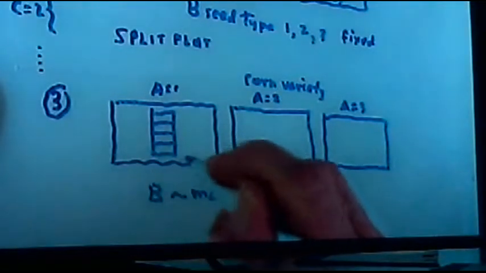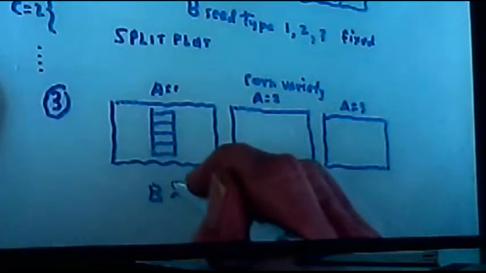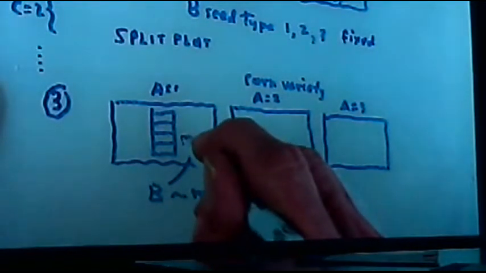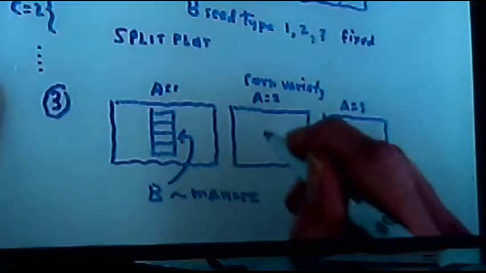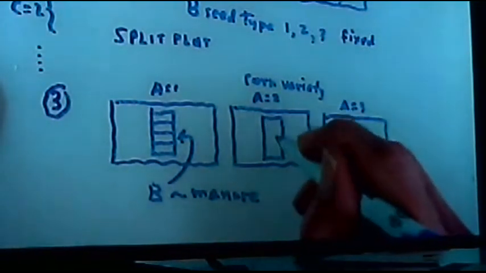Amount, type, whatever. So 4 levels of manure are going to be applied to the subplots. And then that'll go on in each of the whole plots down the road.